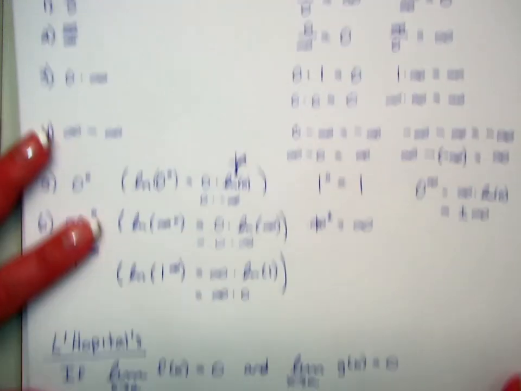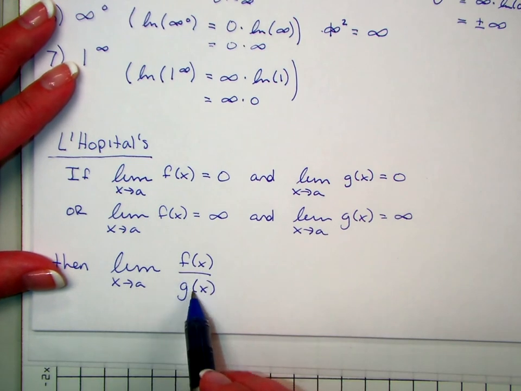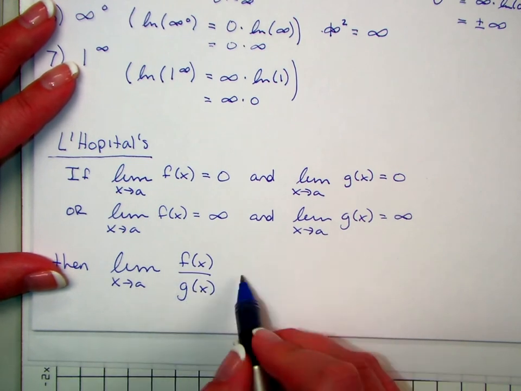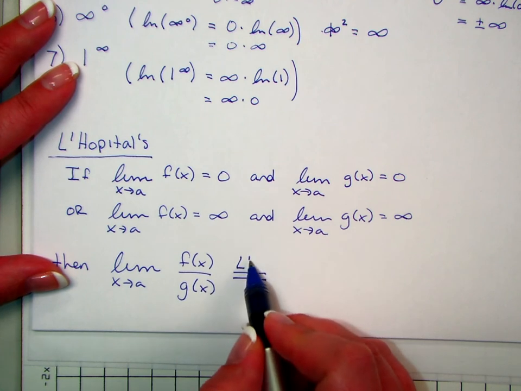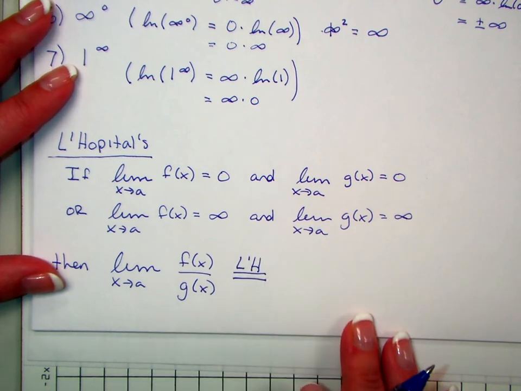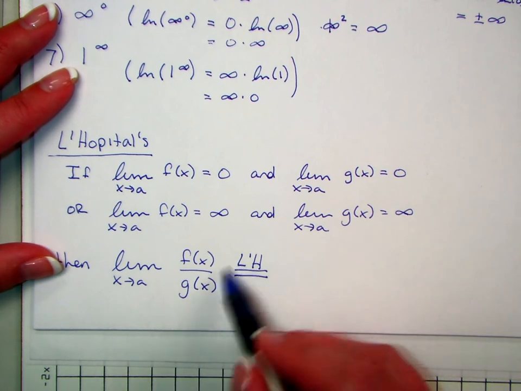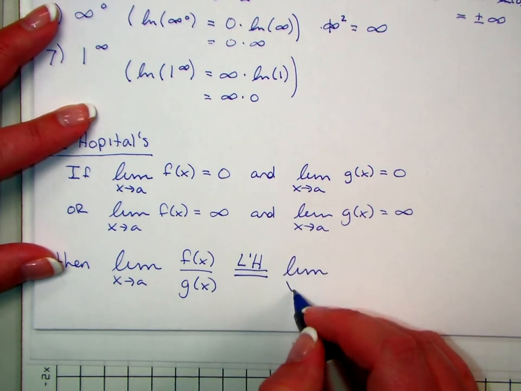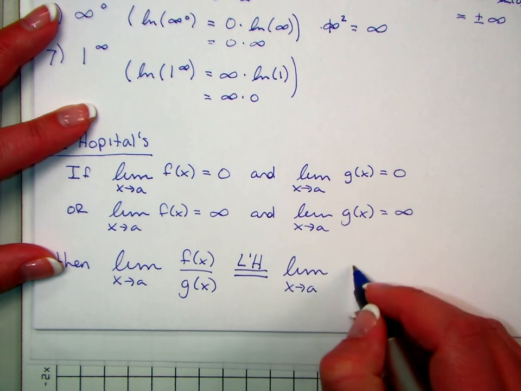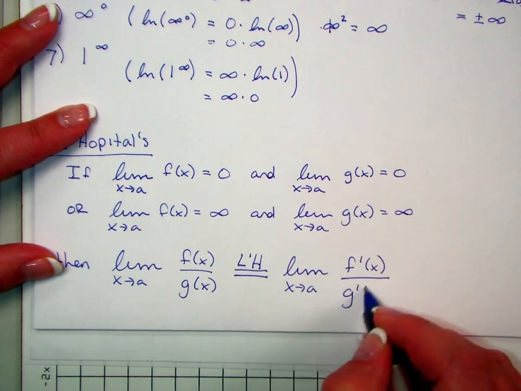L'Hopital's rule will give us a false result. But if they both go to 0, or if they both go to infinity, L'Hopital's rule says that the following is equal. These aren't truly equal, so I am going to put an L'H above the equals, stating that I'm using L'Hopital's rule. And they're equal to the derivative of f over the derivative of g.